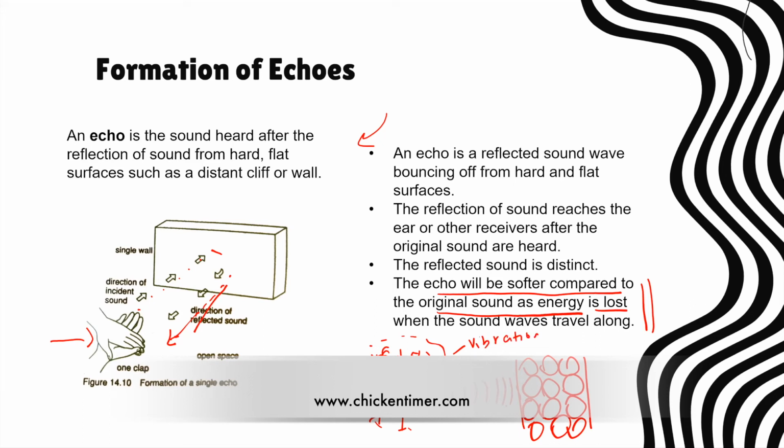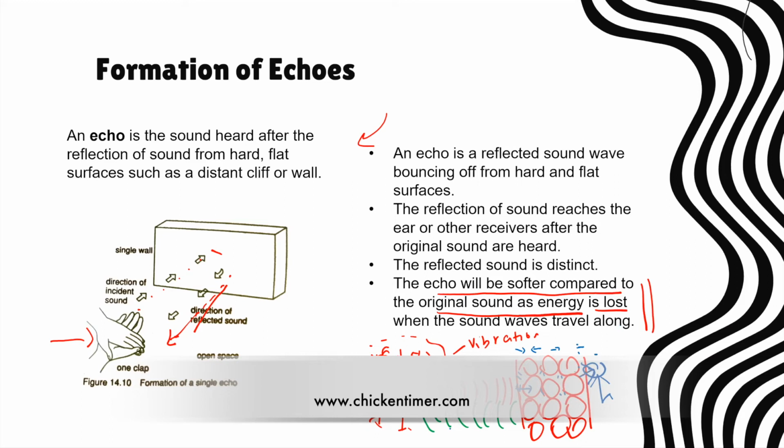So that is the echo. Part of the energy will go into the wall and cause it to vibrate. The particles move closer to each other or further away from each other. But eventually this sound, if you put your ear down here, you will catch the vibration and then you hear it.